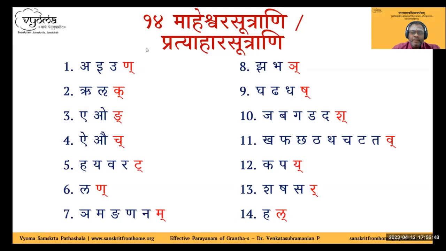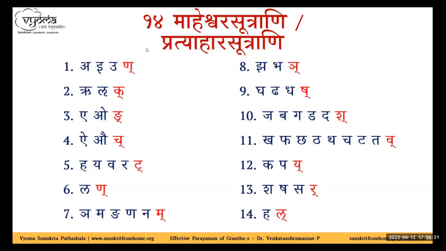Nyama na. Jabha ghata dha. Jaba ghata dha. Kapa chata tha cha ta tha. Kapa sha sa ha. No, what we said was hash. We didn't say hal. We said hash. So it ends with sha. Jabagadada, there only you have to end it. Hash. Okay. Sha. Yes. Astu. Hash represents all the mrudu vyanjanas.